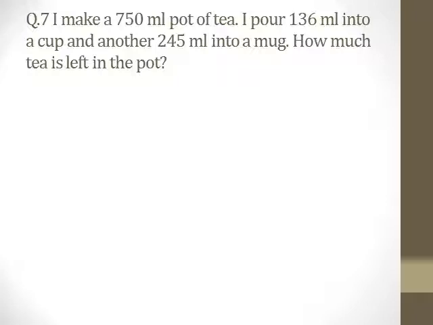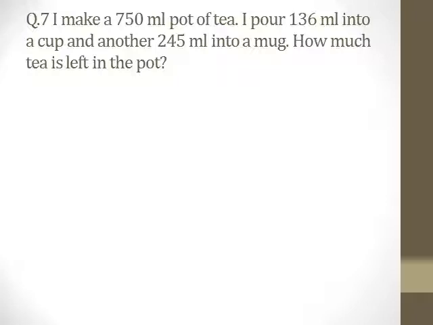The quantity of tea I put into the cup is 136 milliliters, and the quantity I put into the mug is greater than the cup, 245 milliliters. The question asks how much tea is left in the pot after pouring the cup and the mug.